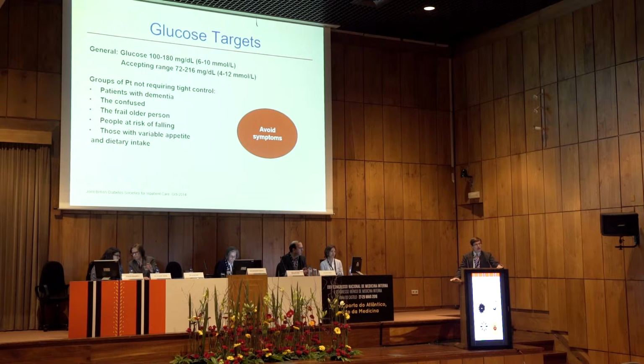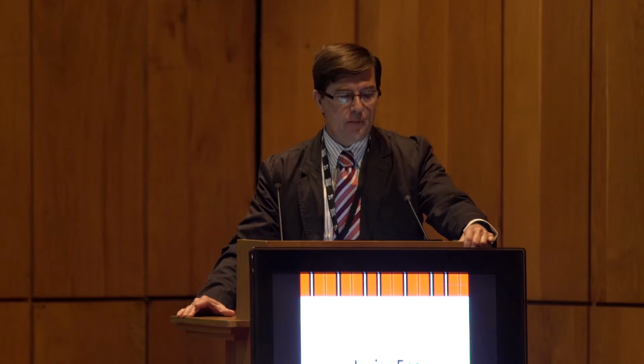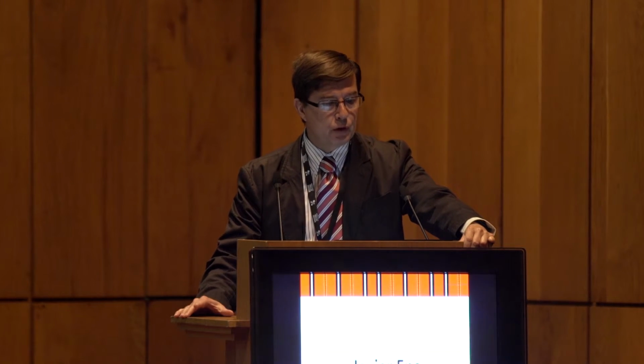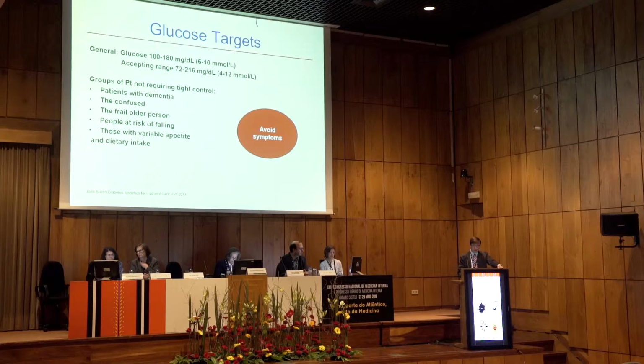So in general, it is admitted that glucose should be kept between 100 and 180 milligrams per deciliter, and for a special population like patients with dementia, patients who are confused or frail older persons, people at risk of falling, or those with variable appetite intake, the control shouldn't be so strict, and the target should be just avoiding symptoms. So the level should be between 70 and 210.